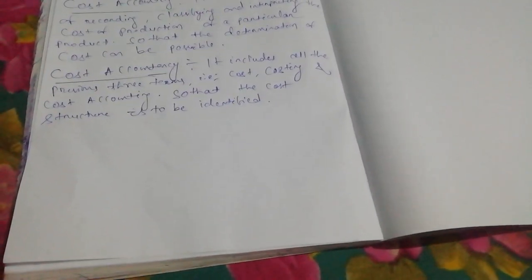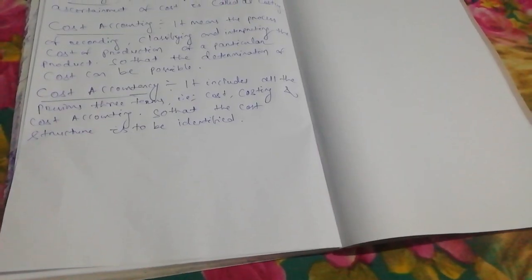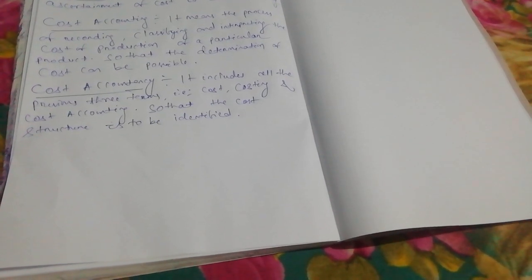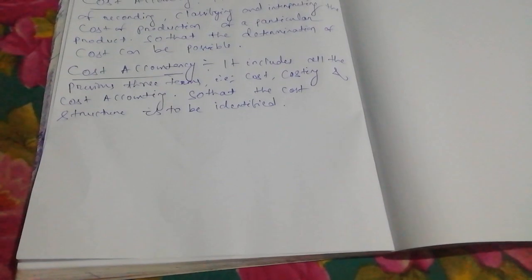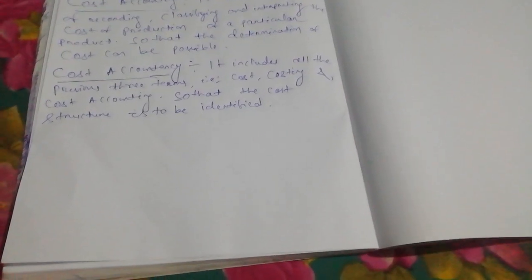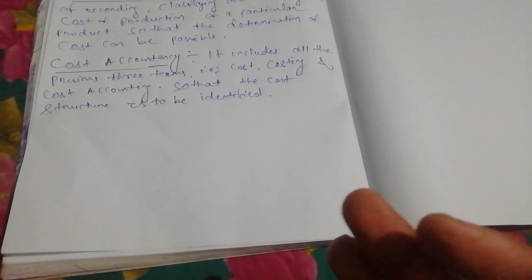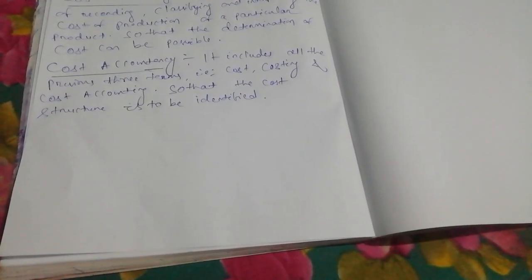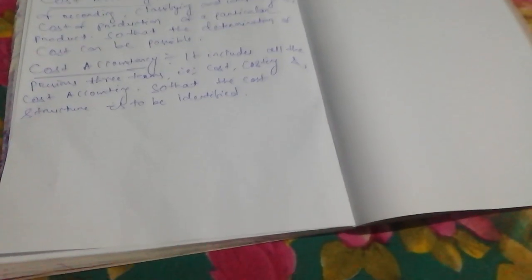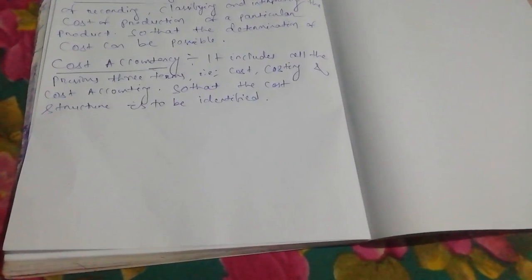One is direct cost, another one is indirect cost. Different elements are also to be observed in cost accounting, that is material, labor and expenditure.